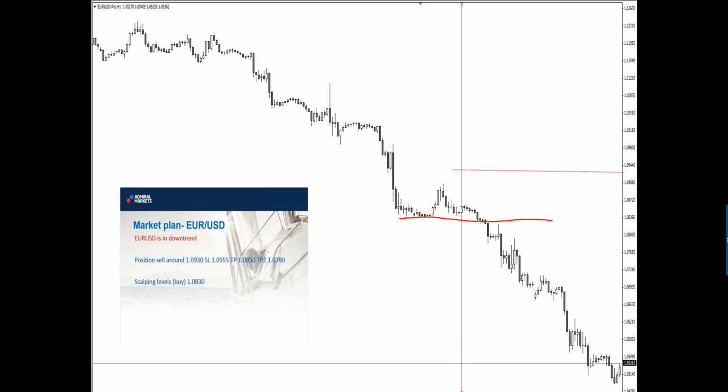I didn't really think that today there would be a V-shaped reversal on euro dollar. It happens sometimes. That is why we use a stop loss, right? That is why we have our stop loss. Stop loss is not just for showing other people how you trade. Stop loss is basically about protecting your account.